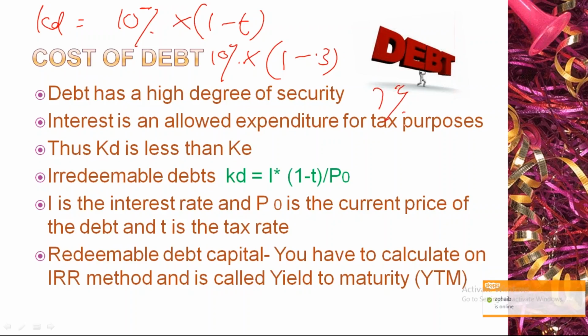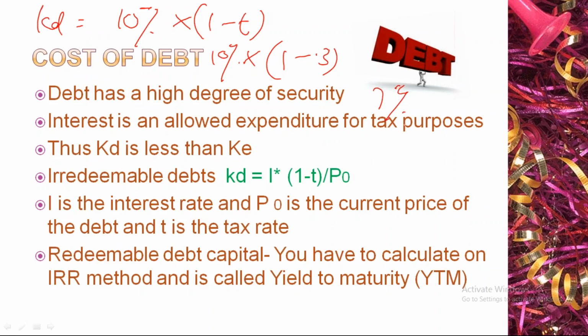Yes, it is. 7%. For bank loans there is no market price, so the rate will always be 7%. That's all. Later on we will talk about where the marketable debt comes in. You have to look at the market price. So now let's assume a similar situation. Let's assume we have issued some bonds issued at 100, redeemable at 100.